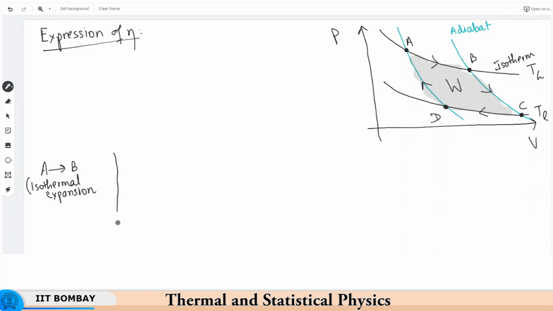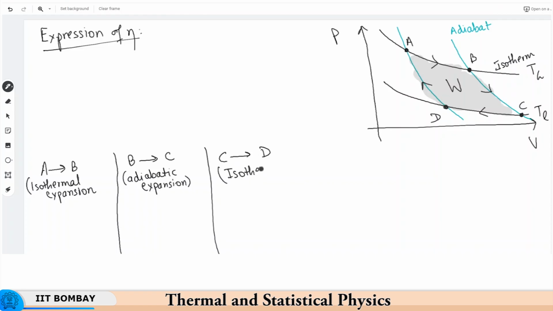After that we go from B to C, which is an adiabatic expansion. Then we go from C to D, where the volume is going down, so this is an isothermal compression. And finally we have D to A, which is an adiabatic compression.